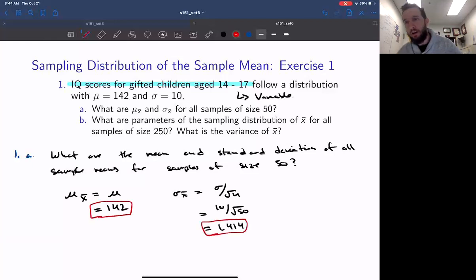And that's it. That's our answer. So the mean mu x bar, the mean of all sample means of samples of size 50 is 142. And the standard deviation of all sample means is sigma over the square root of n, which is 1.414.